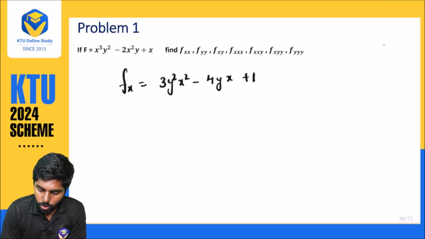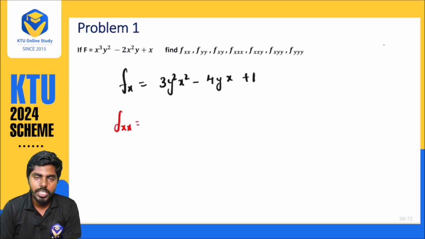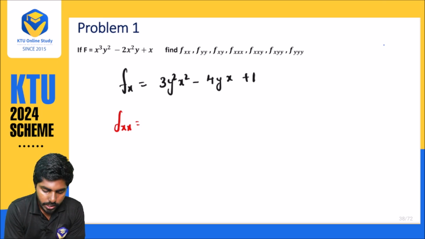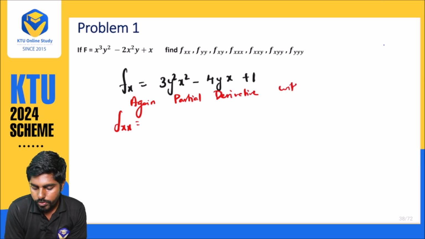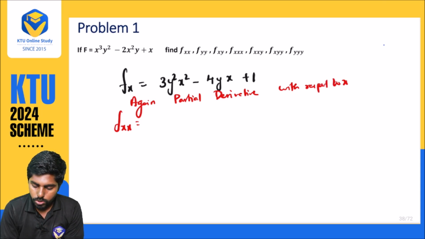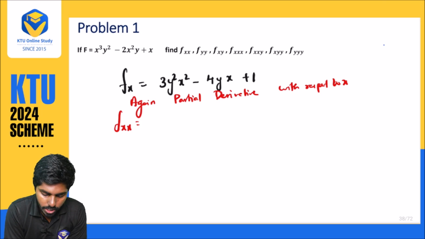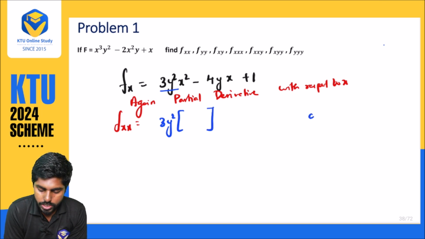Now what we actually need is f of xx. That means again a partial derivative with respect to x. So 3y square is constant, so I am taking it outside.